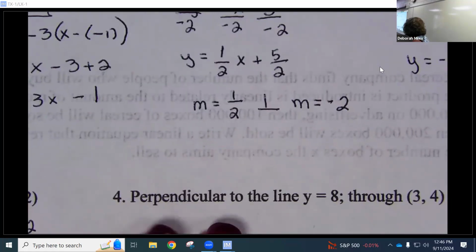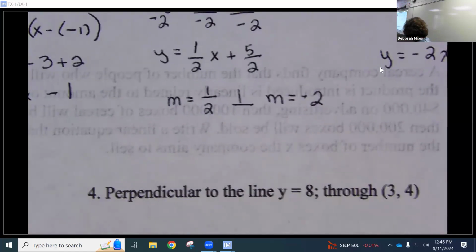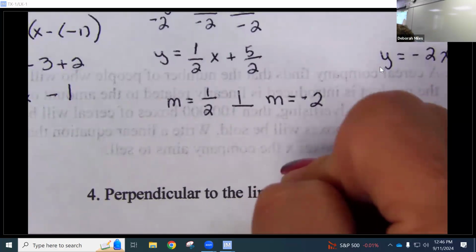And number 4, the line y equals 8. Show me a line that's perpendicular to this one. What's the equation of this line? X equals something, and if it's going through the point 3, 4, what does X have to be? I'm going to just have something to put in your notes.